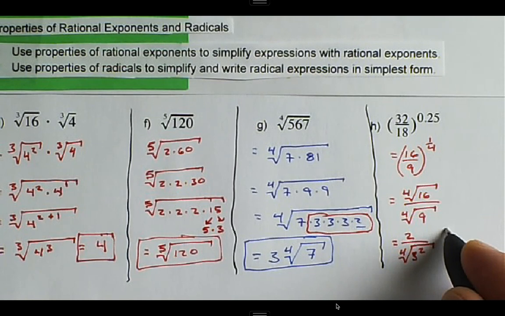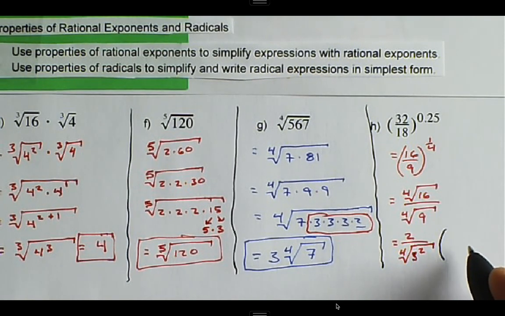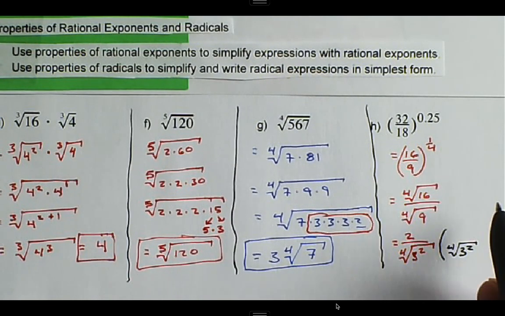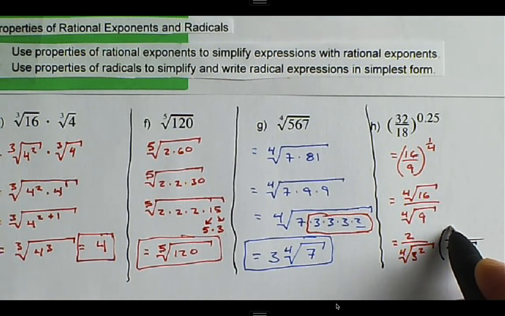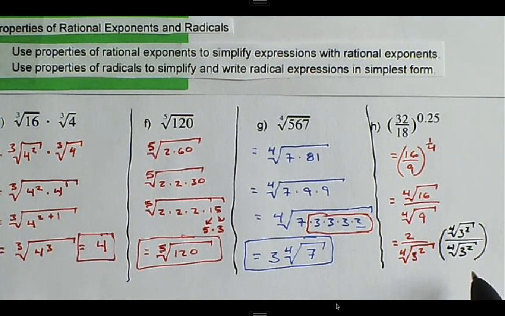So what we're going to need to do is multiply by 2 more. So we're going to multiply by the 4th root of 3 squared over the 4th root of 3 squared. Now, this is equal to 1, so we're not changing the value of this expression. We're just changing the way it looks.